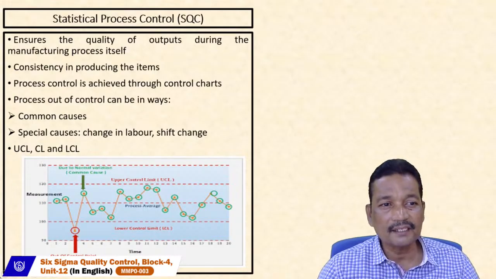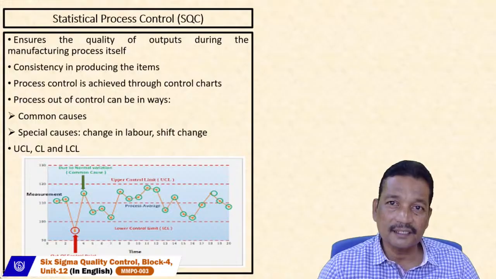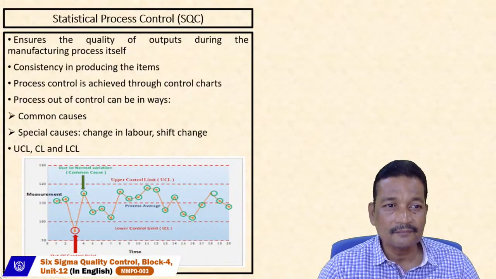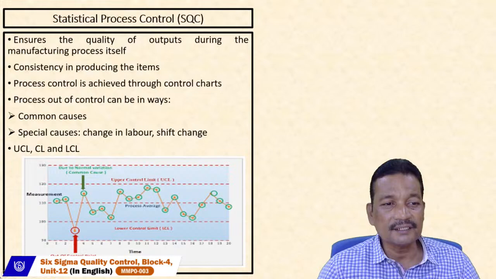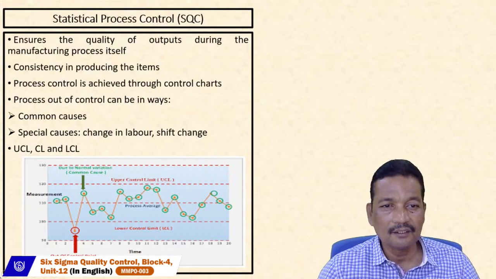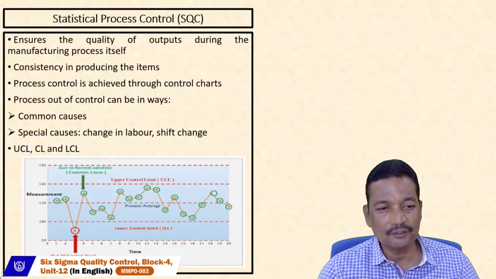And if you look at special causes and need to be focused upon, then change in labor or shift change, the process may go out of control.